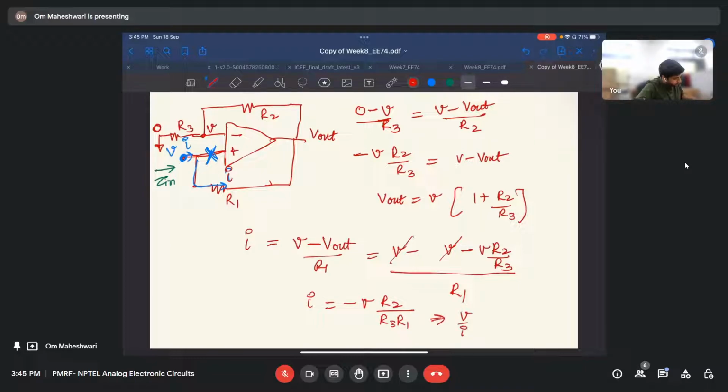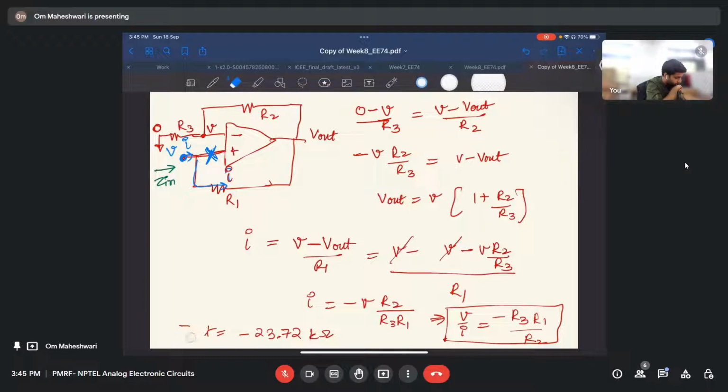So V by I equals minus R3 R1 by R2. So this is the Z in here. And all these values are given, and you should get the answer as minus 23.72 kilo ohm. Z in, sorry, notation.